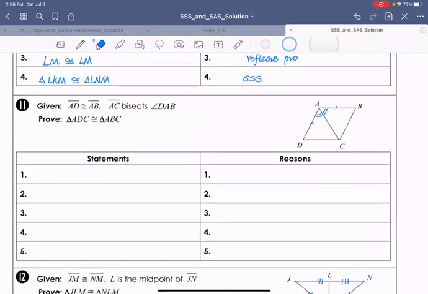This piece equals this piece. Given AD is congruent to line AB.